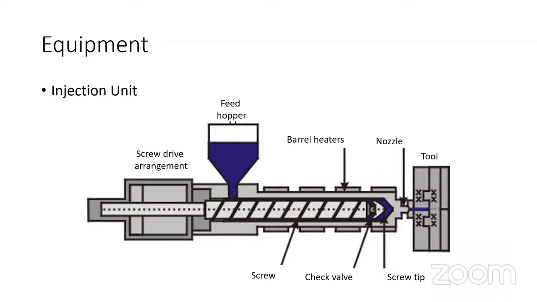Can anybody tell me why the clamping pressure should be higher than the injection pressure? Okay, definitely we'll get this answer after a few hours. See now, here we will go through the details of the components of the injection unit.